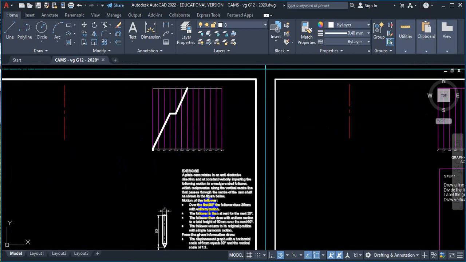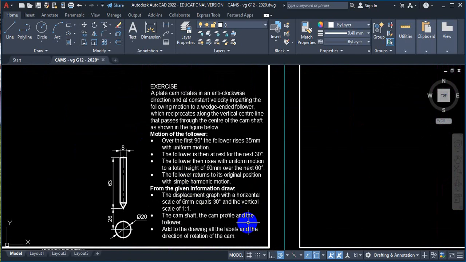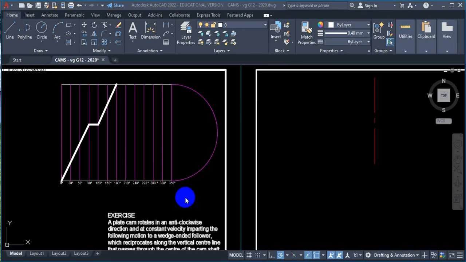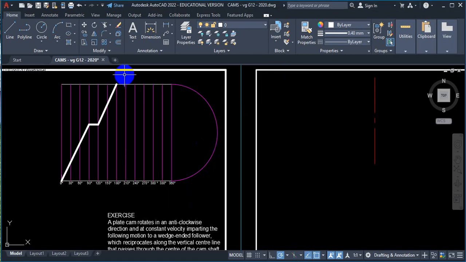let's read. The next one says, the follower returns to its original position with a simple harmonic motion. For simple harmonic, we need to draw a semicircle. Right, the semicircle which I've drawn, because they say it returns from a height of 60, it goes back to its original position, which is going back to 360 on the horizontal line.